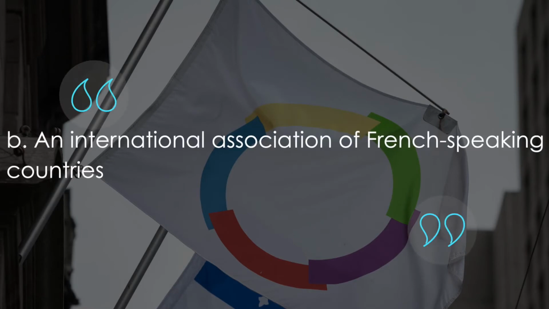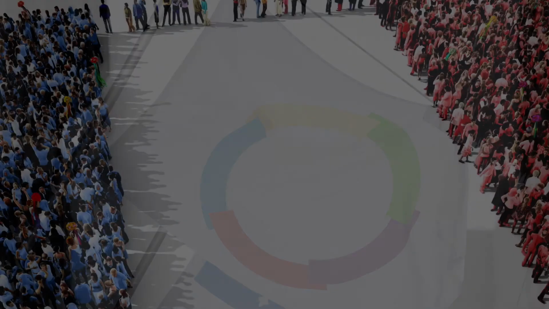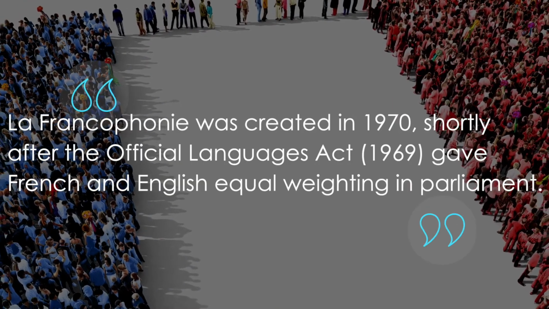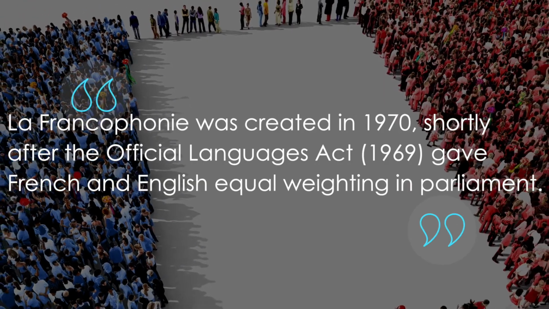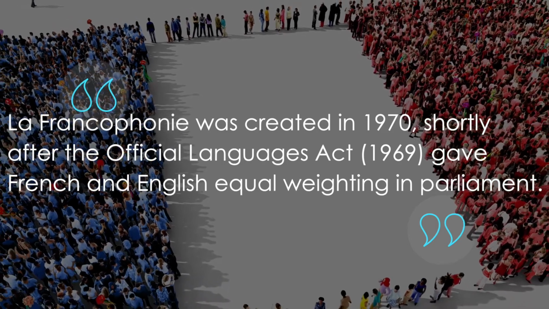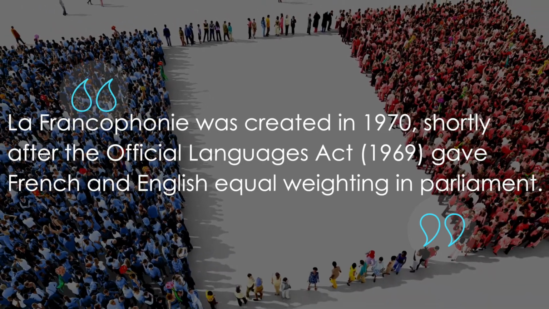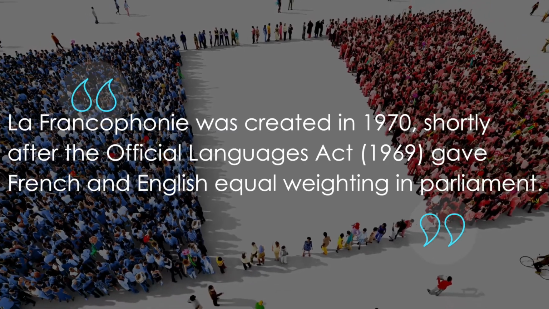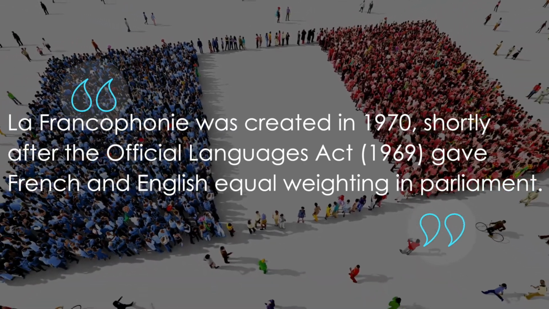The answer is B. An international association of French-speaking countries. La Francophonie was created in 1970, shortly after the Official Languages Act of 1969 gave French and English equal weighting in Parliament.